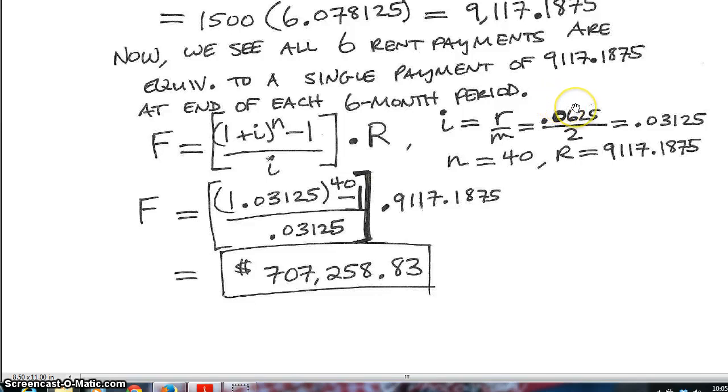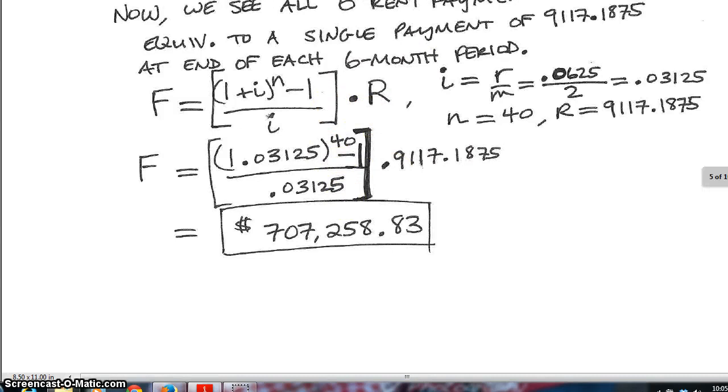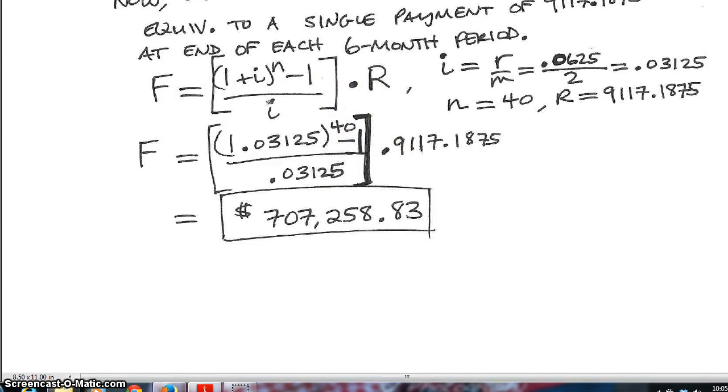I equals 0.0625 over 2, and N is 20 times 2, times the rent payment. So you plug all of these in, and it's $707,258 and 83 cents. Okay, so that's number 1.